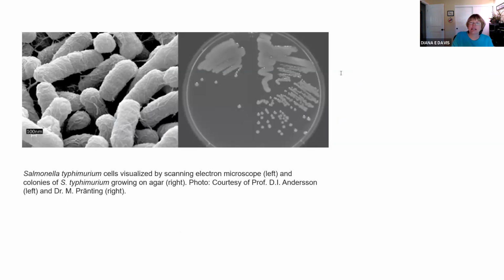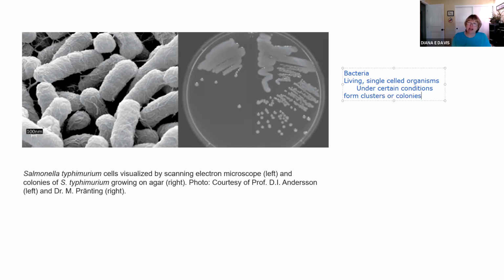Our second category is bacteria. These are living, single-celled organisms. They can, under certain conditions, form clusters or colonies.